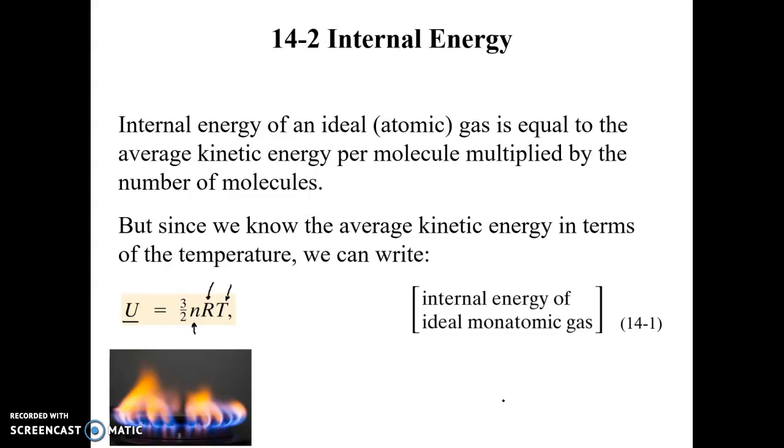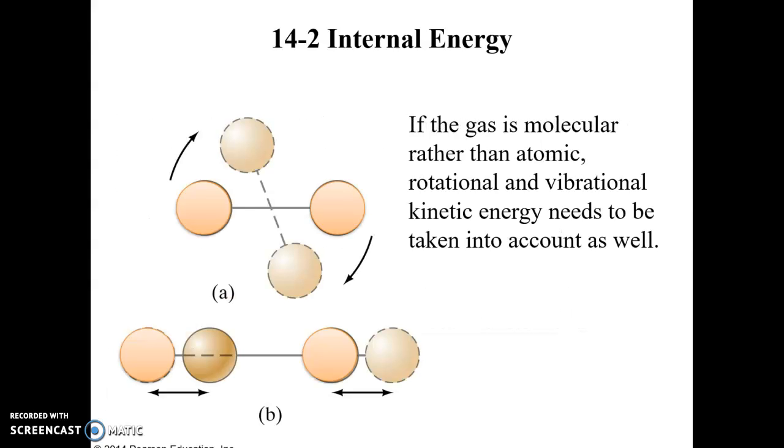So this is for the internal energy of a monatomic gas. So here we have our monatomic atom bouncing around the slide there. So what's the difference between monatomic and diatomic? Well, some molecules like oxygen, for example, tend to have 2 atoms together, O2.